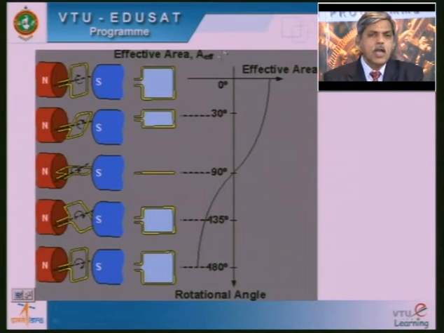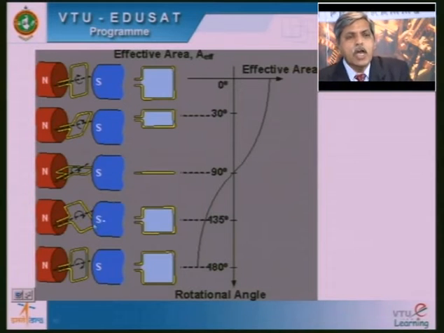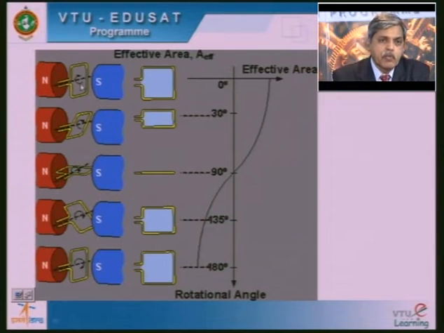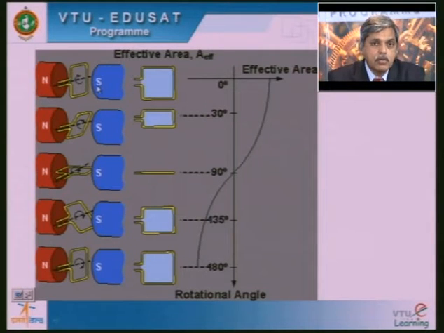This figure shows different positions of the coil within the magnetic field. If I take the vertical position of the coil in the magnetic field, I have the maximum amount of area of the coil offered to the flux. So the effective area is maximum.